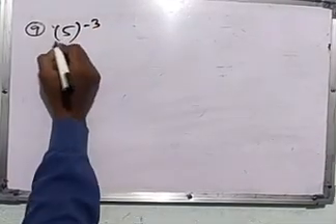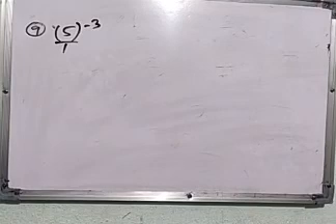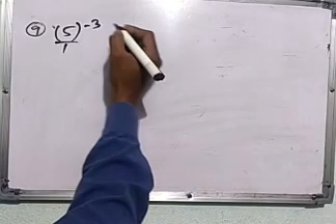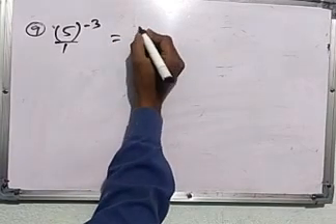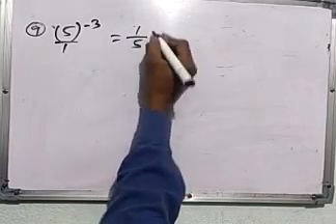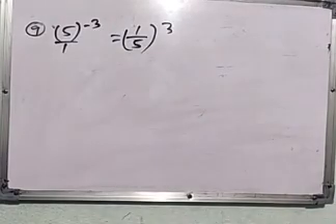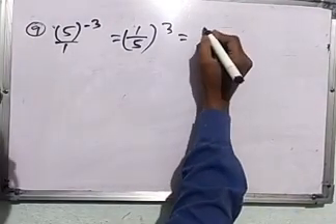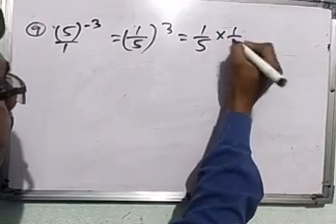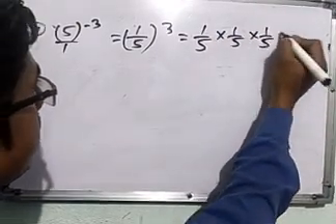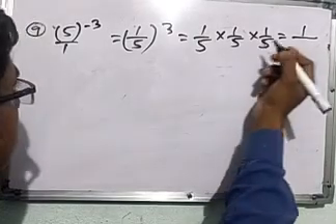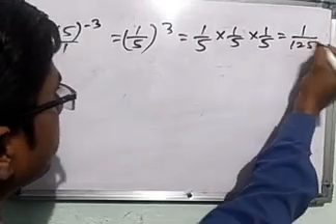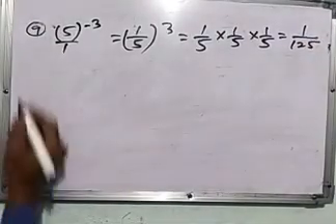So first you take it by 1, the denominator is 1 itself, and if the power is minus, the number is inverse. So you write 1 by 5 power 3. 1 by 5 power 3 means 1 by 5 into 1 by 5 into 1 by 5, equal to 1 by 125. So your answer is 1 by 125.